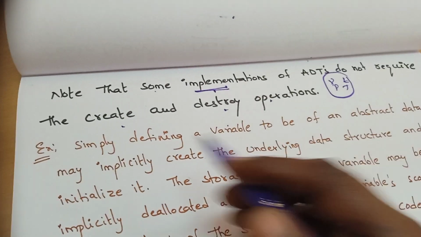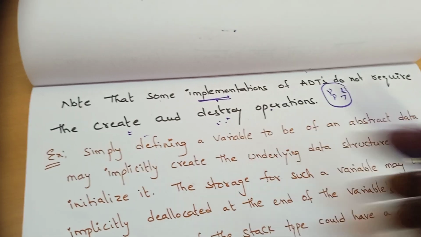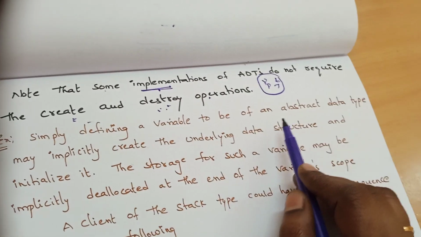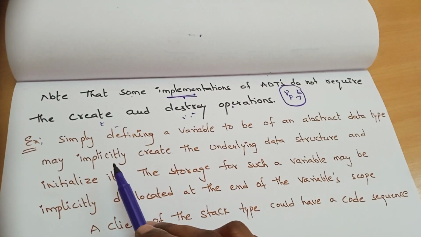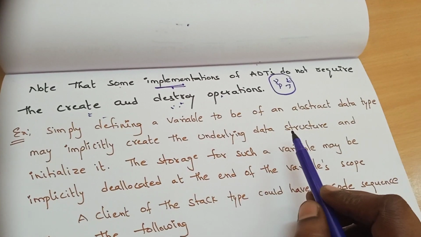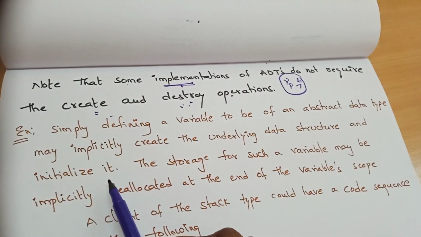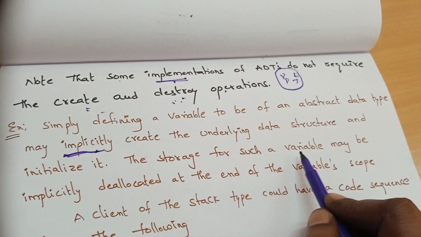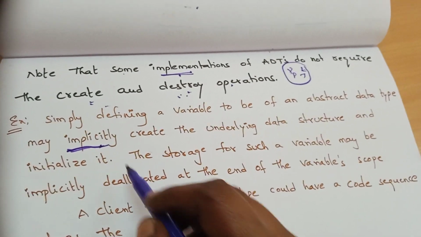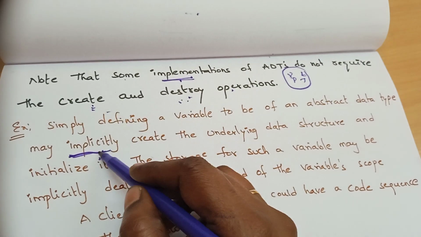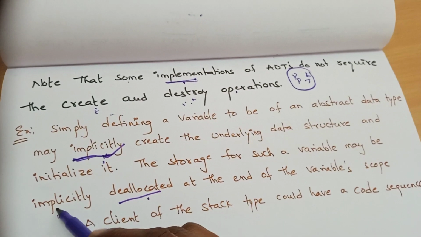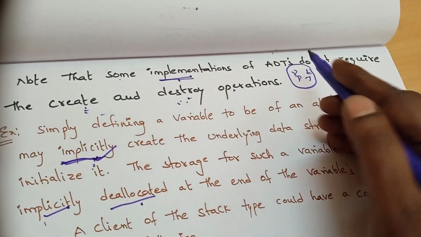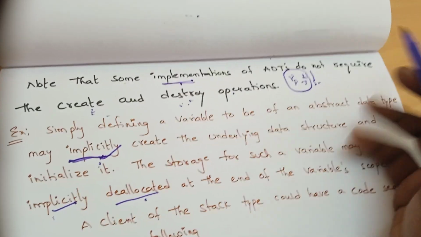For example, simply defining a variable to be of an abstract data type may implicitly create the underlying data structure and initialize it. There are languages which create the stack implicitly, and the storage for such a variable may be implicitly deallocated. But it is certain that a stack will perform these four operations in all languages.